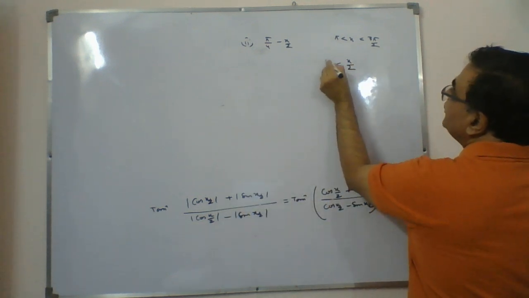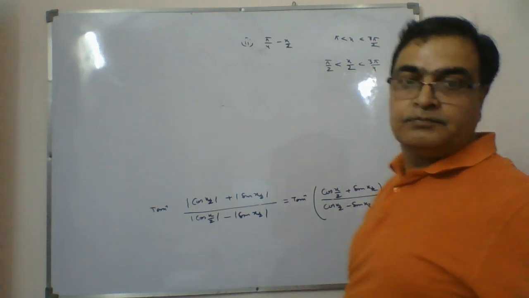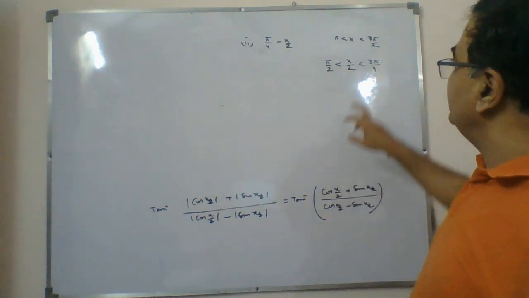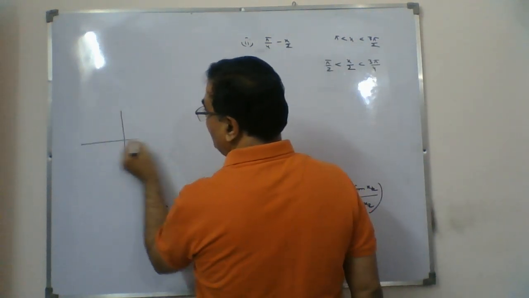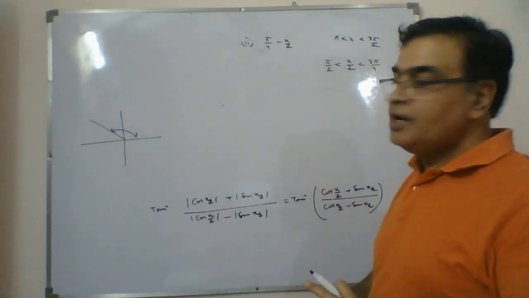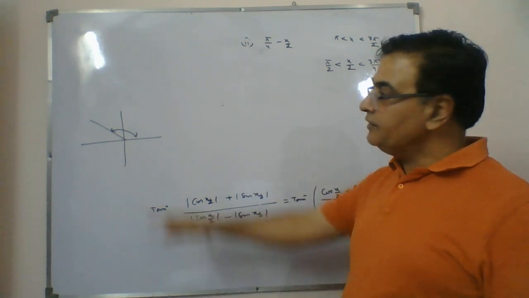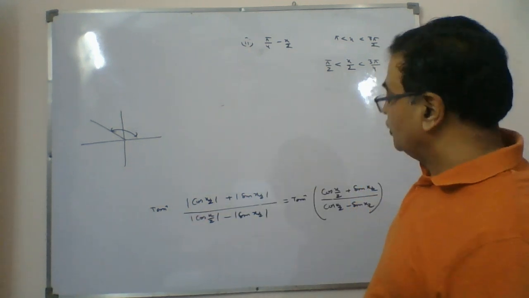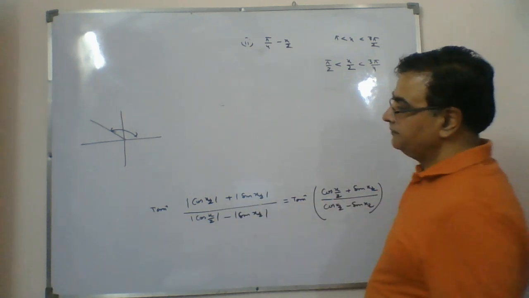X by 2 will go between pi by 2 to 3 pi by 4. When x by 2 is between pi by 2 to 3 pi by 4, it means it has gone into quadrant number 2.